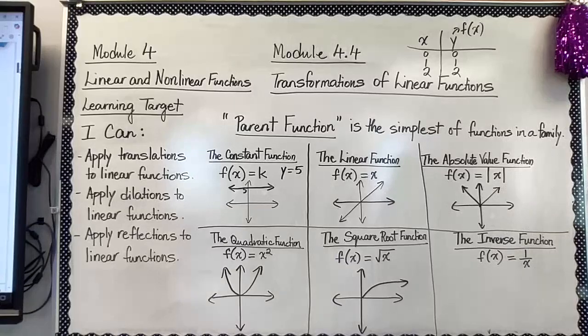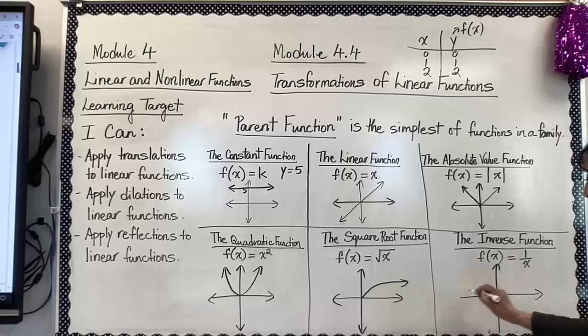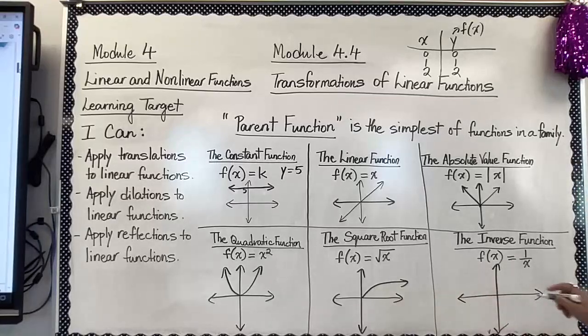And then the last one is the inverse function, and in this the graph looks like, all right, we're going to have something like this, and then it's going to look like this. Okay, same thing but here. So this is the graph of an inverse function.